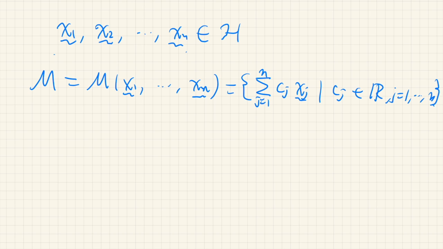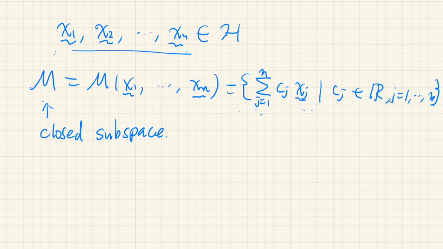So this is the set of all the vectors that can be expressed as a linear combination of these vectors. In this sense, we say this subset is spanned by these n vectors. If we define M in this way, then this M is a closed subspace.